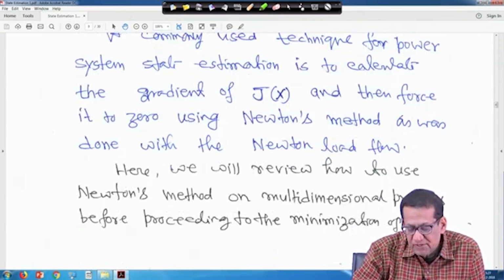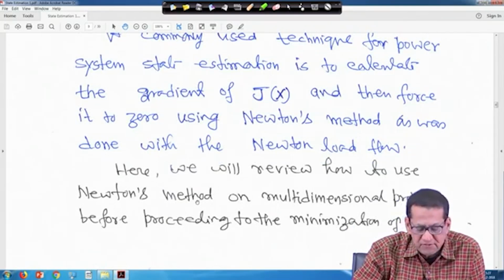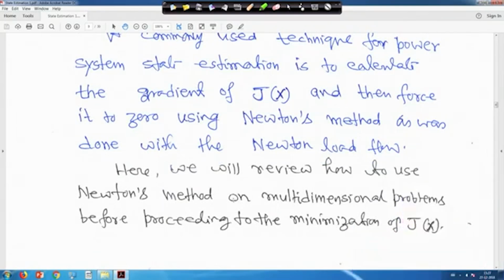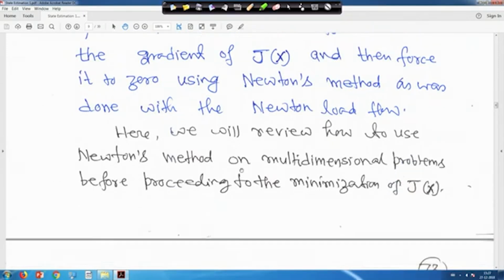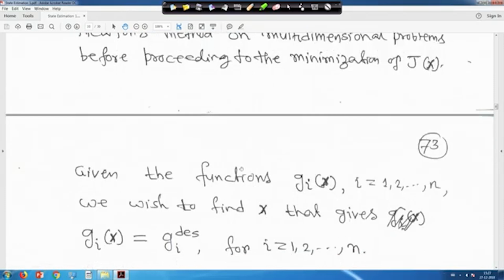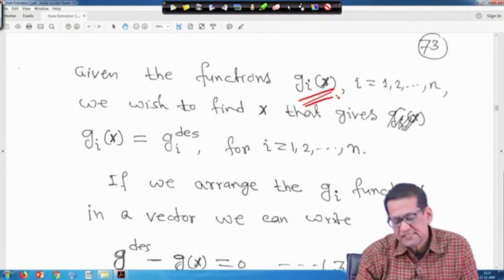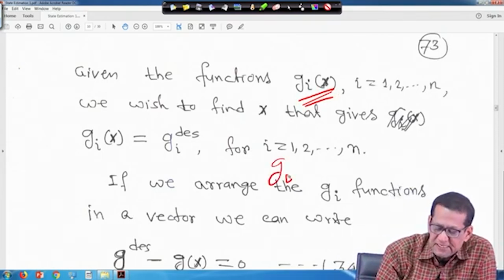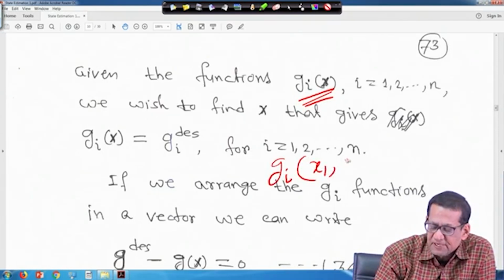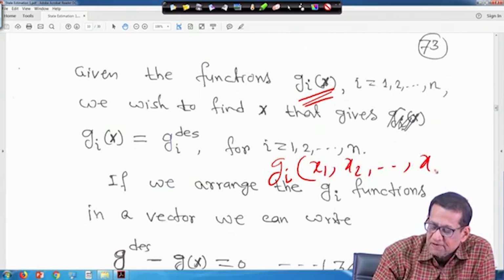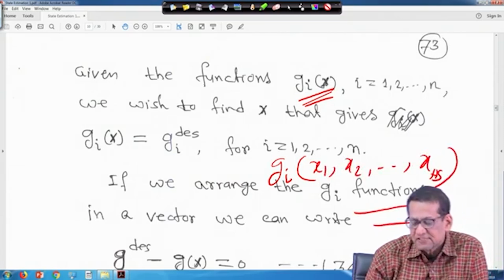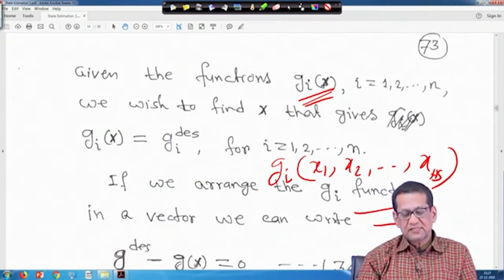Here we will review how to use Newton's method on multidimensional problems before proceeding to the minimization of J(x). Suppose you have a function g_i(x), that is g_i as a function of x1, x2, up to xn, for i equal to 1 to n.